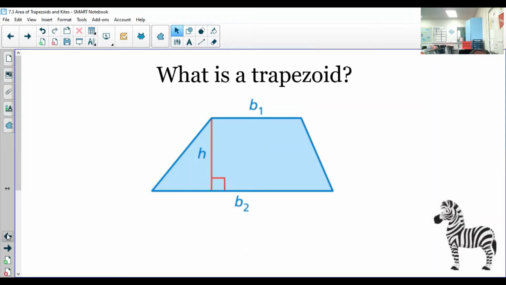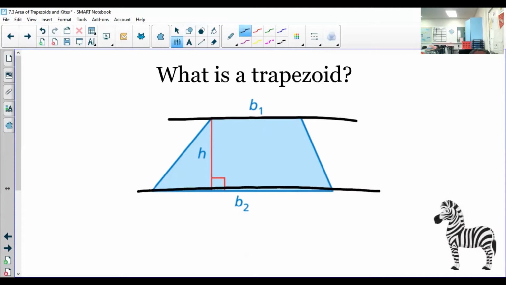All right, so here we are. What is a trapezoid? Well, a trapezoid is a shape that has one set of parallel lines. So these two lines right here are parallel, right? They're never ever going to touch. And we call them B1 and B2. And the B stands for base.